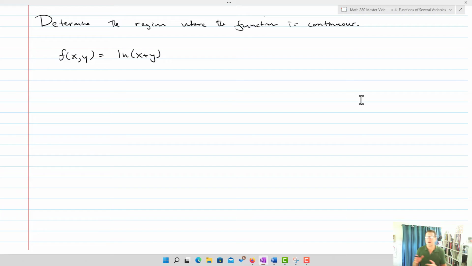In our conversation about domain, we talked about the fact that x plus y here has got to be strictly greater than 0. Because if x plus y is not greater than 0, then the function is no longer defined. That's a really important point. So we need x plus y greater than 0.